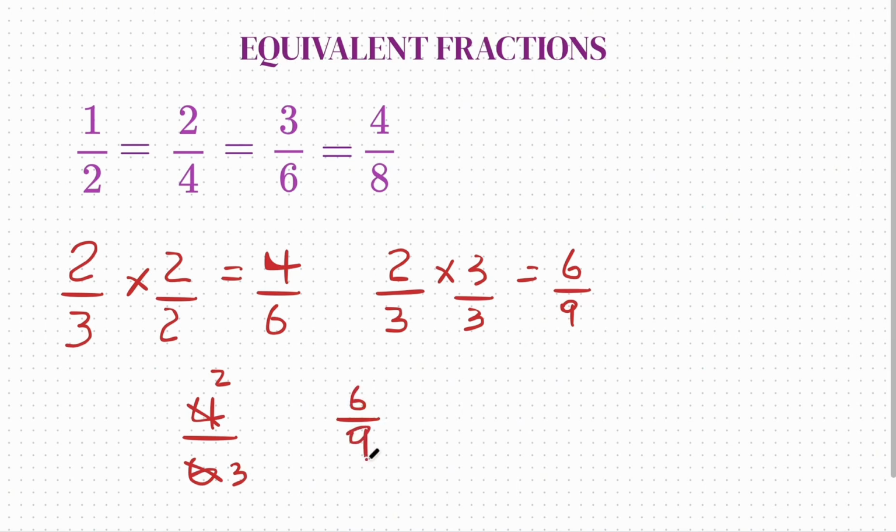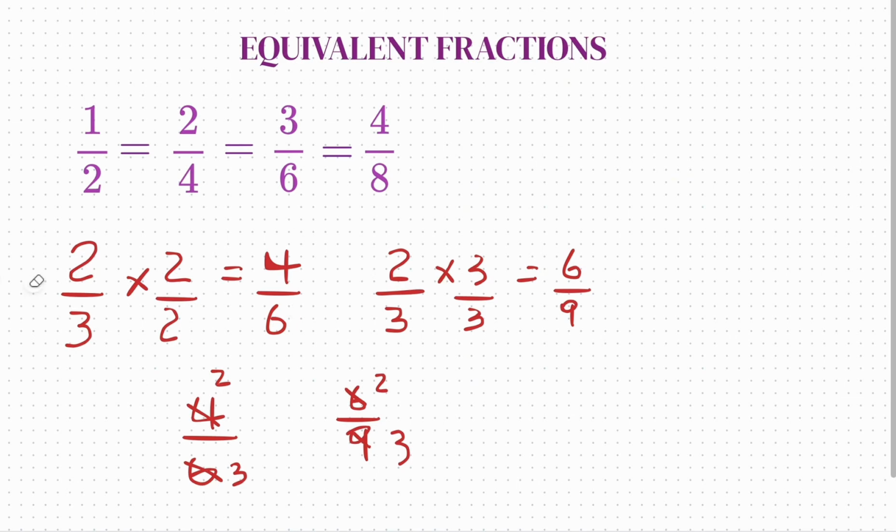What can go into 6 and 9 without leaving a remainder? 3. So 3 into 6, 2 times. 3 into 9, 3 times. So we realize that we get back our 2 over 3. So 4 over 6 and 6 over 9 are equivalent fractions for 2 over 3.